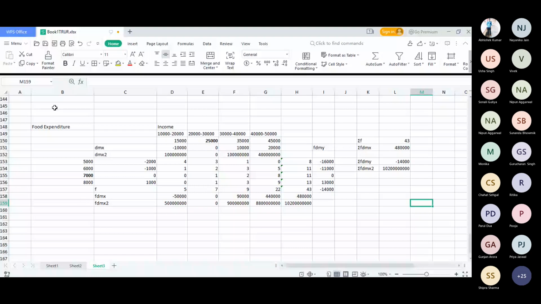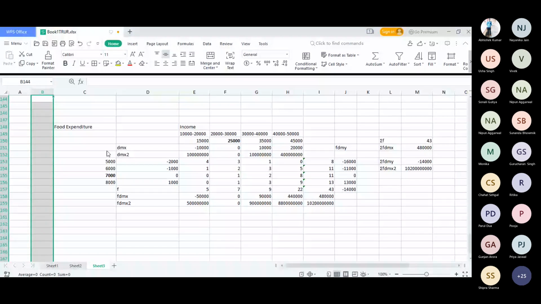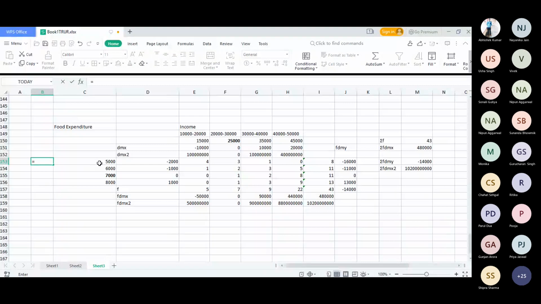So for that you want first the dmy square. If we are multiplying this, so this is your dmy. You have to multiply for dmy square first, which will be equal to this multiplied by this value itself. So this will be our dmy square. Then for all these dmy, this will be your dmy square. Then you have to multiply f dmy square.